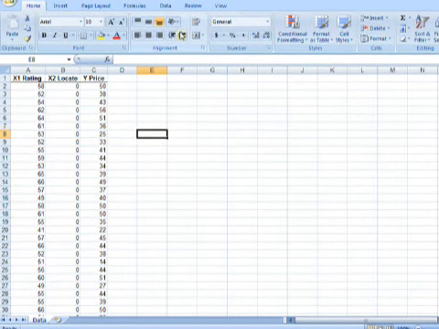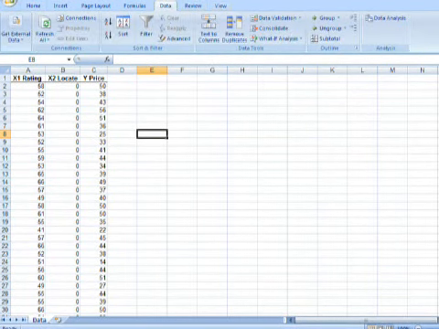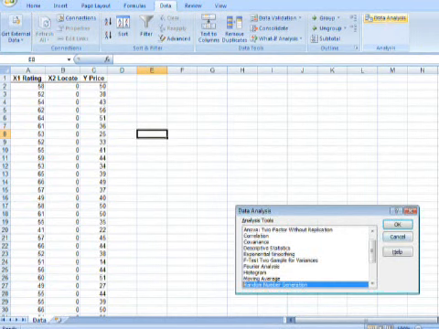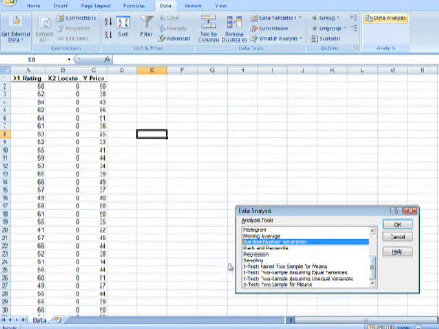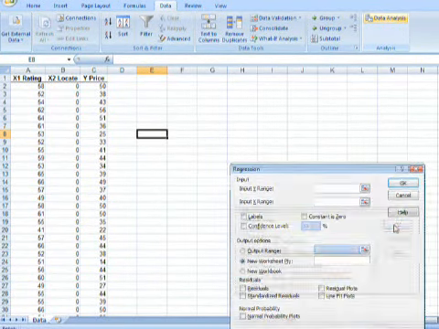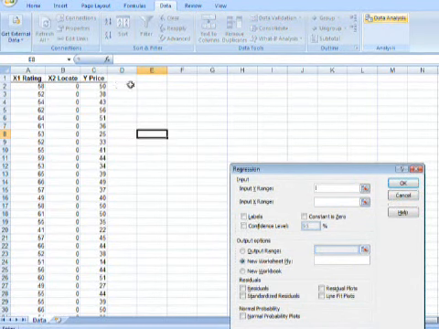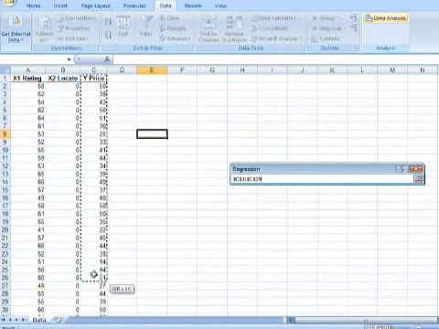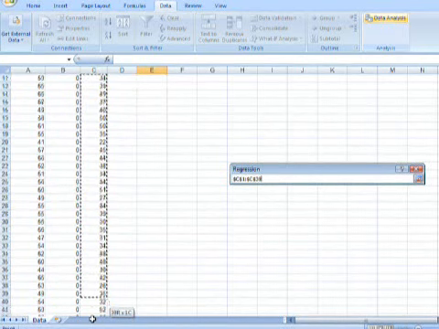So now let's go to multiple regression. Data, data analysis, regression. Price again is our y variable.